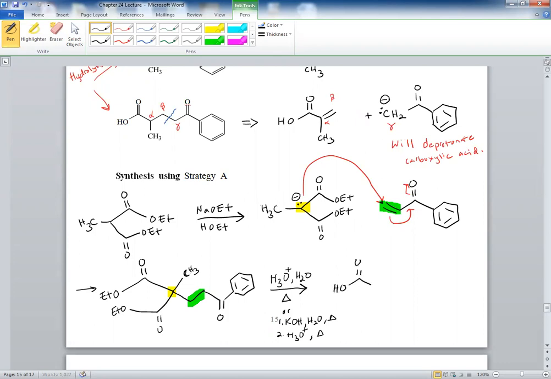So I will show you in a second, but let me draw the product. Obviously, that's the product that we made above. So let's actually make it above right there.